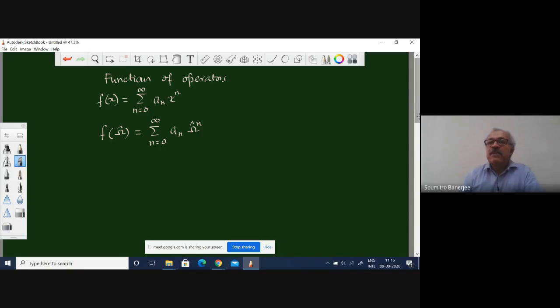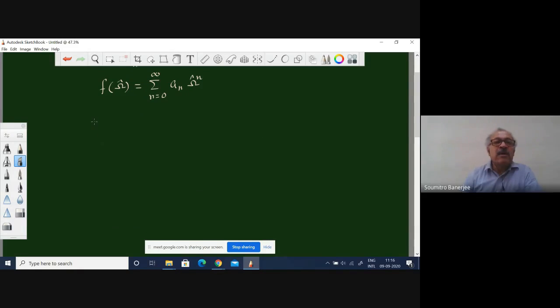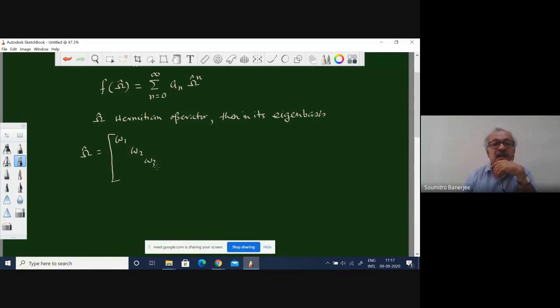For example, if you have omega, a Hermitian operator, then in its eigenbasis, which we have just defined, its eigenfunctions, the omega will simply be the eigenvalue 1, eigenvalue 2, eigenvalue 3, and so on and so forth.